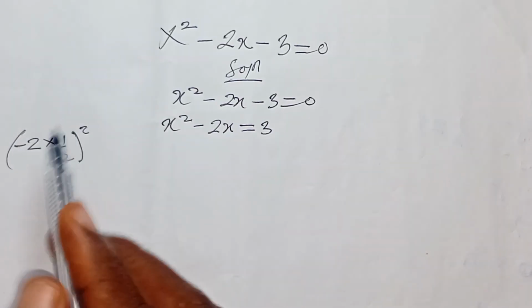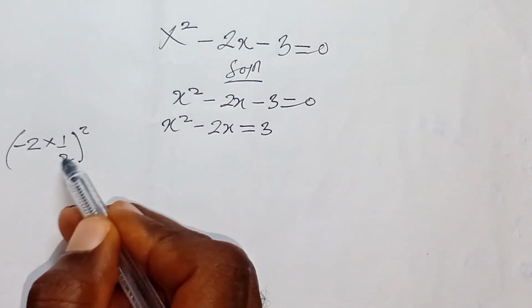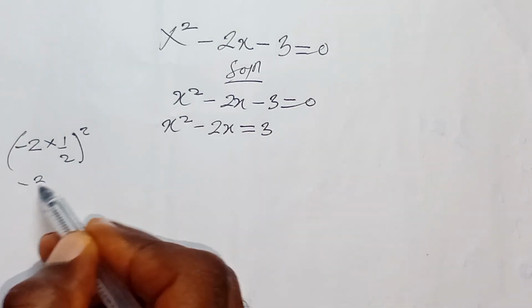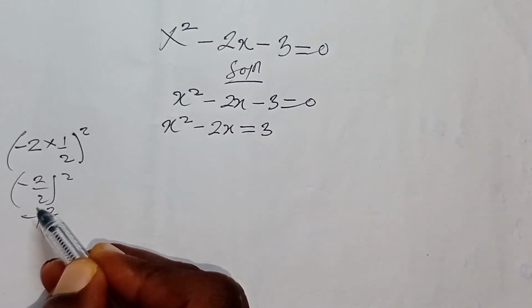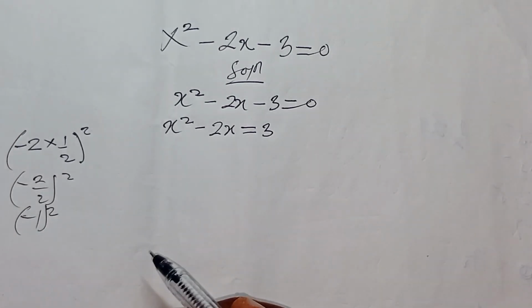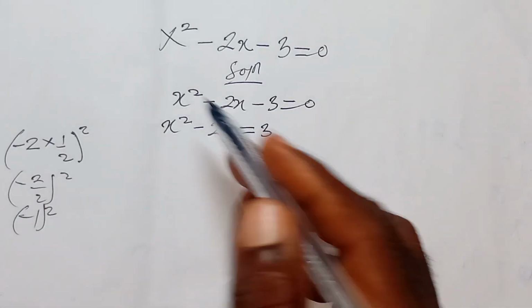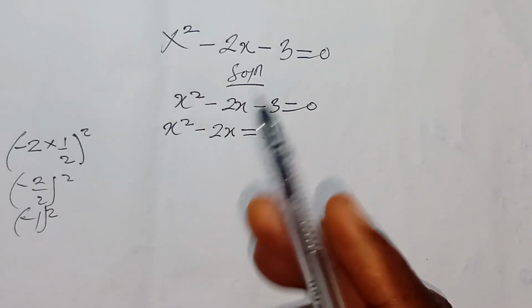So the square of half of the coefficient of x is this: minus 2 times 1 over 2, which is minus 2 over 2, all exponent 2, which is minus 1 squared. Right? We are going to add minus 1 squared to both sides of the equation.